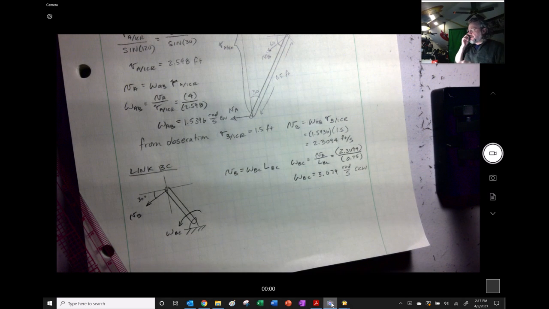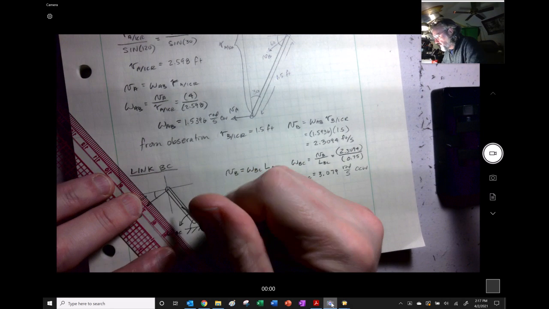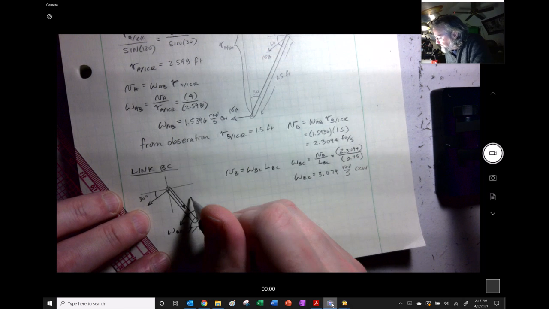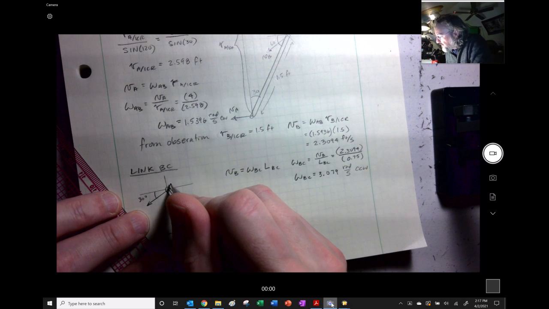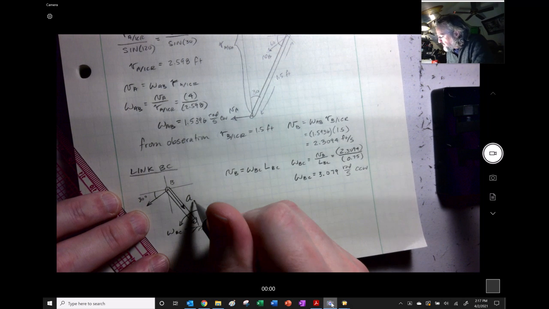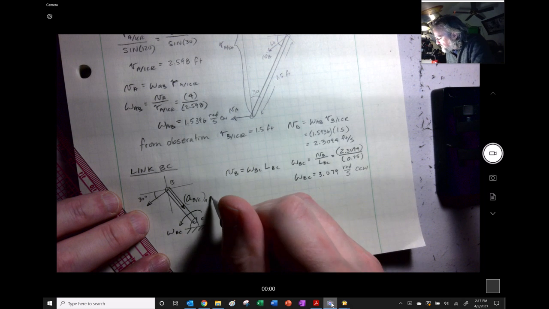Okay, so while we're here, might as well do the acceleration analysis portion of this, and we find that the acceleration of, let's see, this is B right here, right? And this is C. So this is going to be B with respect to C in the normal direction.